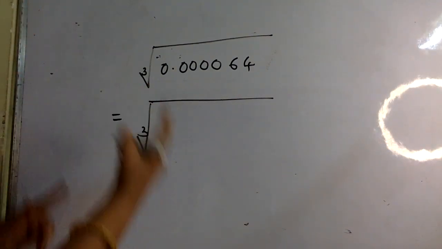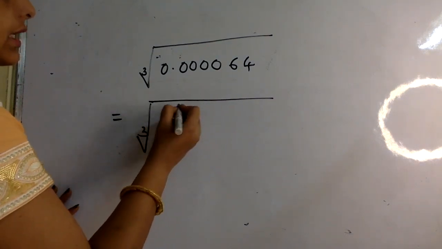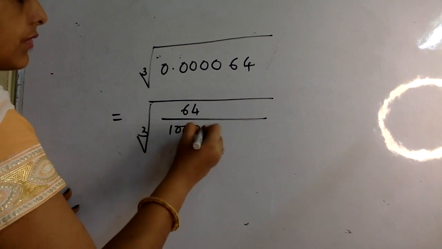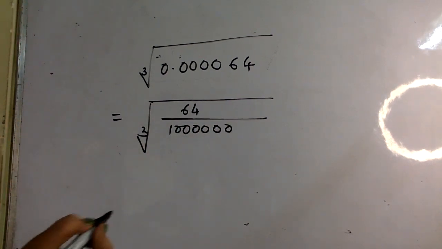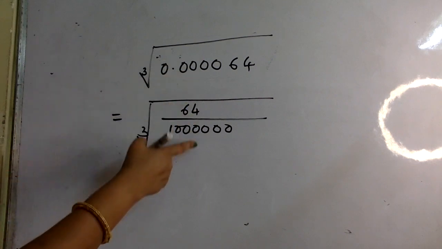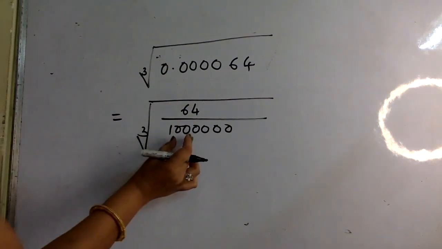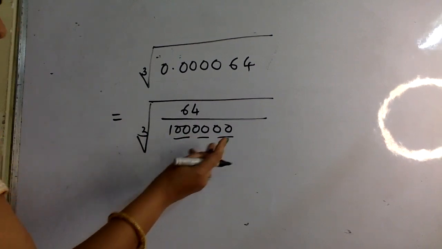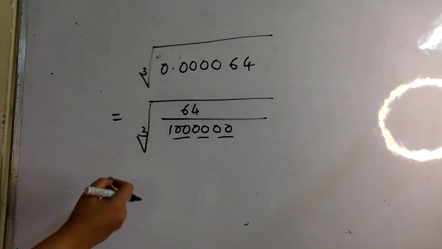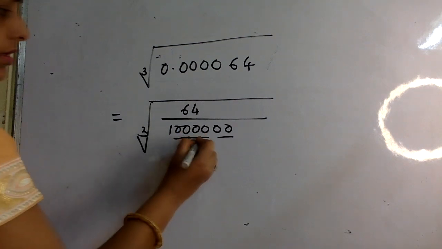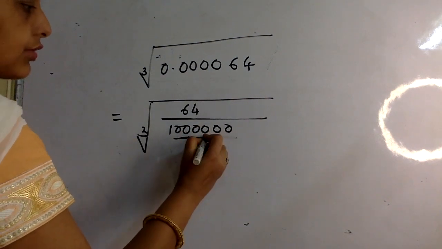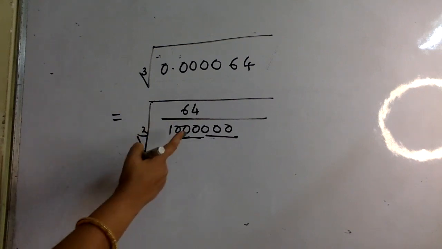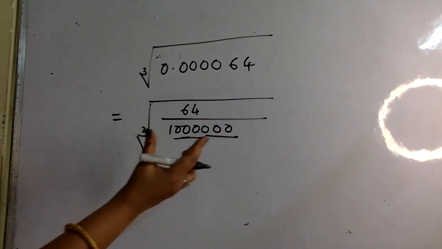The first step is to convert it to a fraction. How many zeros? 3, 4, 5, 6. 6 zeros. That gives you this. So this was a decimal, and we converted it to a fraction. If there are 6 zeros here, you divide them into sets of 3s, and from each set take 1. So cube root, when you have 6 zeros, it's 100.